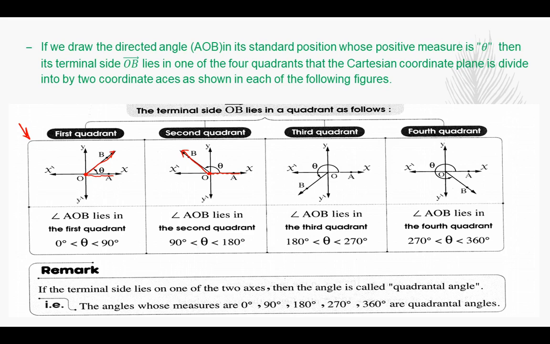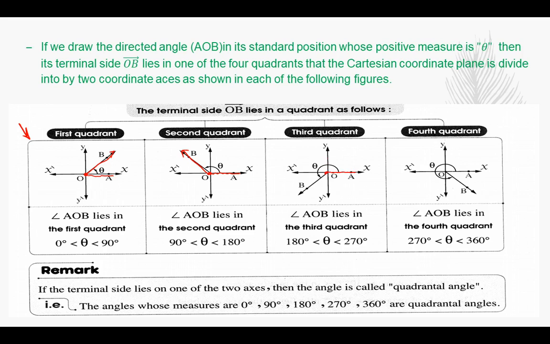So if you have an angle whose measure is bigger than 90 and smaller than 180, you have to know that its terminal side must lie in the second quadrant.